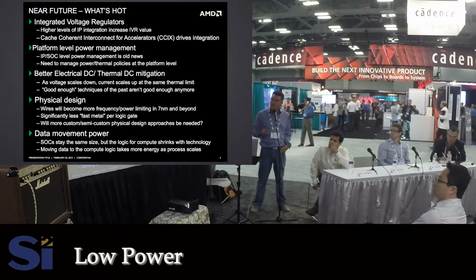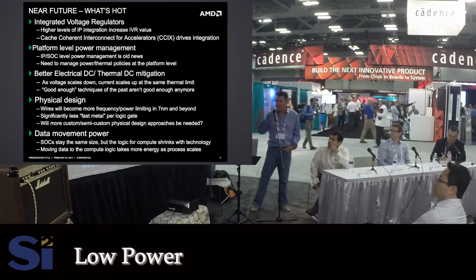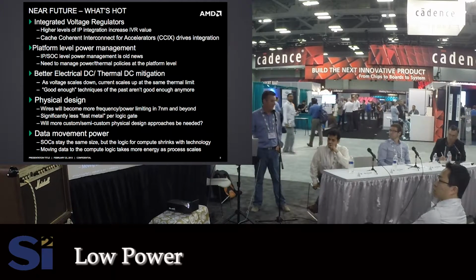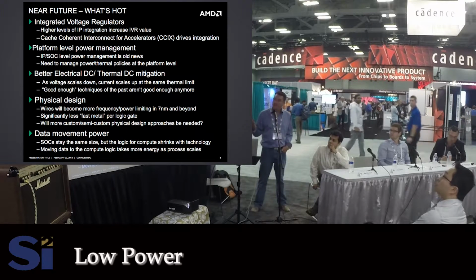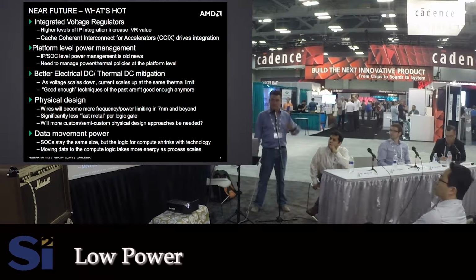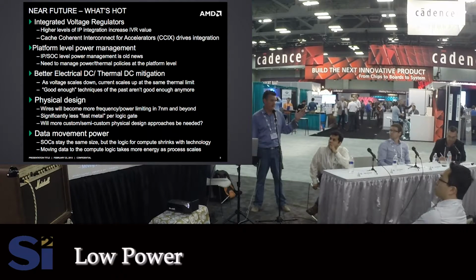Next, platform level power management, and this goes to platform level power modeling. You can't do good power management at the platform level if you can't model and understand it. Really, this is old news; I didn't even put it on my list. It's not even the past 2 or 3 years. It's all the power sloshing that's done in your smartphones and PCs today.